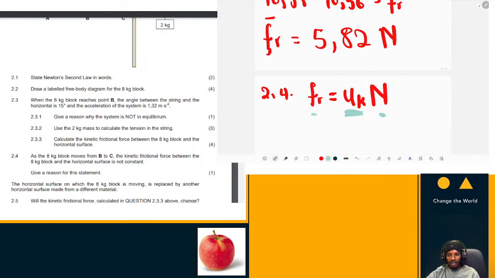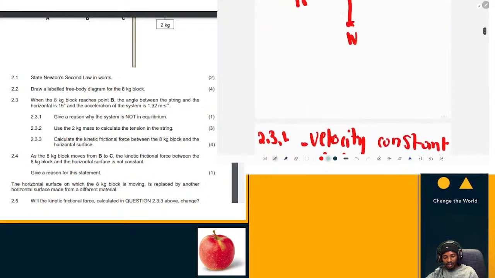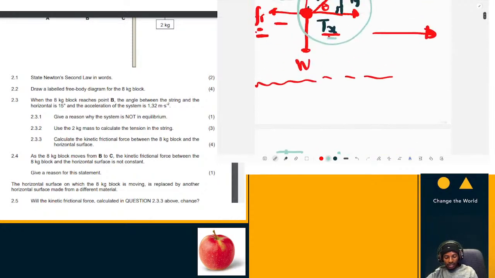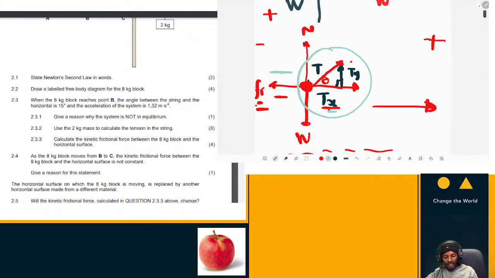So if this friction is changing when we bring the object close to the pulley, that means there's a change in normal force. Remember, I said earlier when I was constructing this free body diagram, that this T of Y is affecting the normal force.